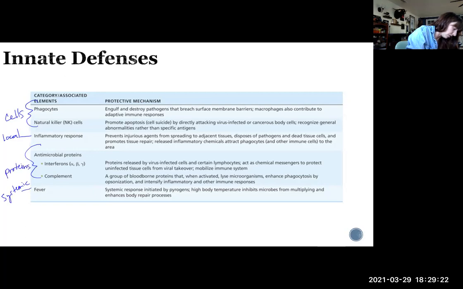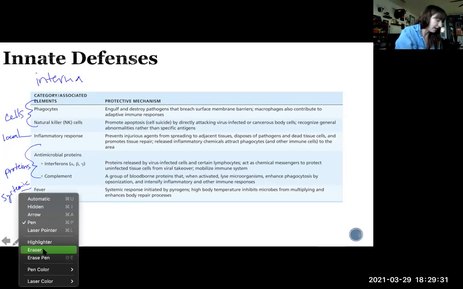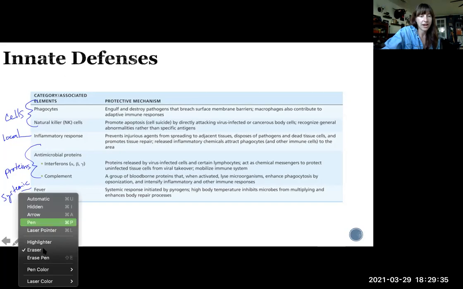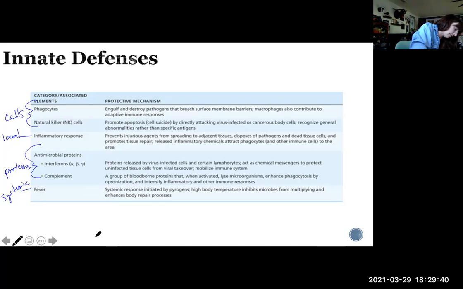So these are all of your internal innate defenses. Remember, your external defenses are your skin and your mucous membranes.